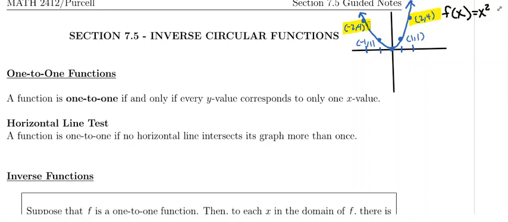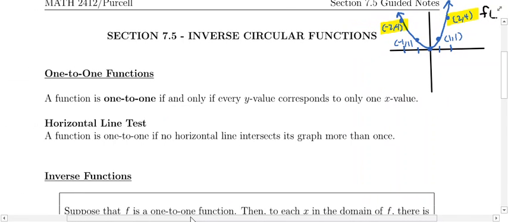You can use something called the horizontal line test, which is stated below, to determine whether or not a function is one-to-one. Now remember, there's the vertical line test. The vertical line test is used to determine whether or not a graph represents a function. The horizontal line test is used to determine whether a function is one-to-one.